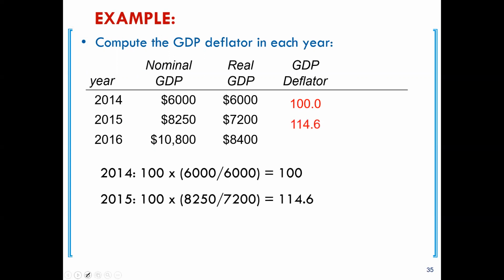For 2015, the GDP deflator would be 100 times the nominal GDP divided by the real GDP, and it gives us 114.6. And for 2016, the GDP deflator is 128.6.